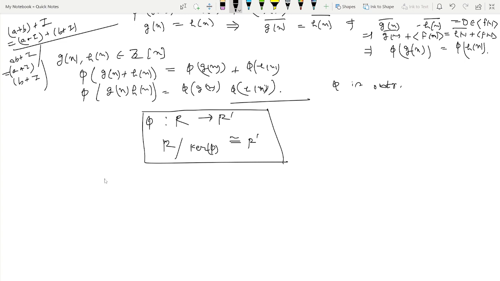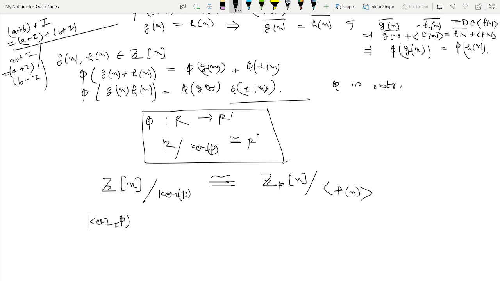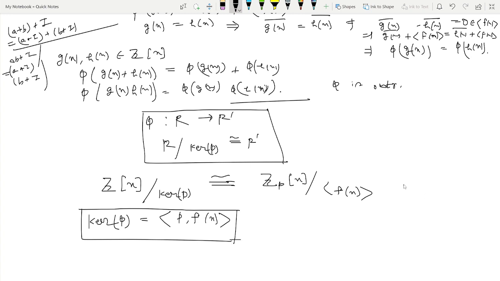So here R is Z[x], and Z[x] by ker phi will be isomorphic to the ring which is our codomain, which is Z_p[x] by the ideal generated by f(x). So to get the required result, we only need to show that ker phi is actually the ideal generated by p comma f(x). If we can prove this, then our required result will be proved. So now let us see what our ker phi is here.